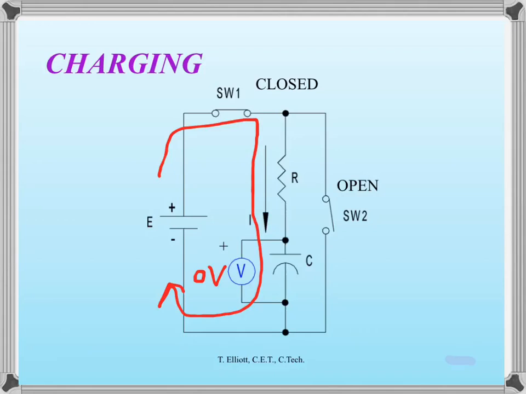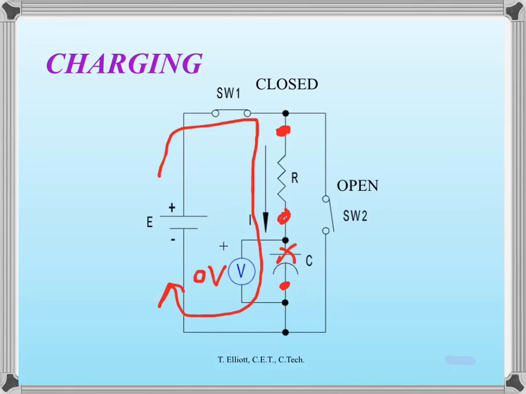Just a little side note: there's current flow here, there's current flow here, and there's current flow, of course, here, but there's no current flowing through the capacitor itself because the plates in the capacitor are separated by an insulating dielectric.